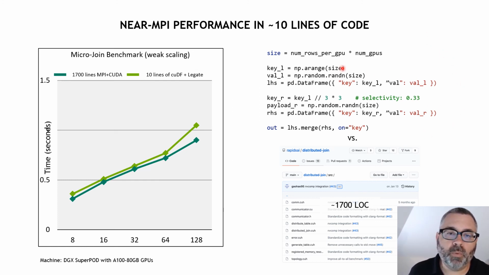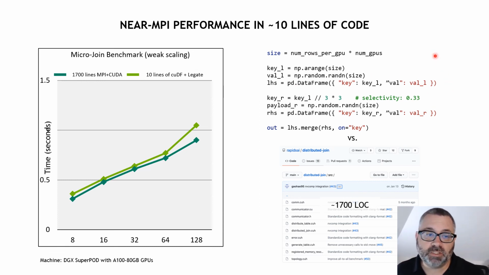We use NumPy and pandas here, and under the hood, those two packages are using our Legate framework. In terms of performance, this dark green line is the hand-coded version, and here we're running on fairly small time units. The bright green is the Python version of the code, and you can see it's scaling fairly well, very comparably, and the runtime performance is pretty close.